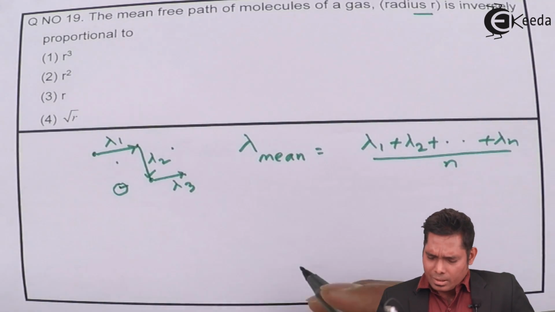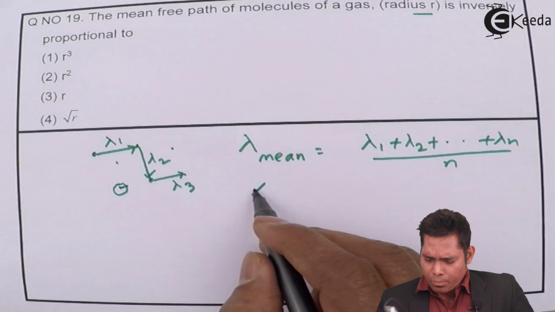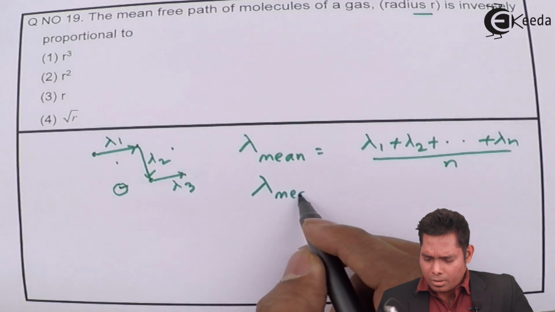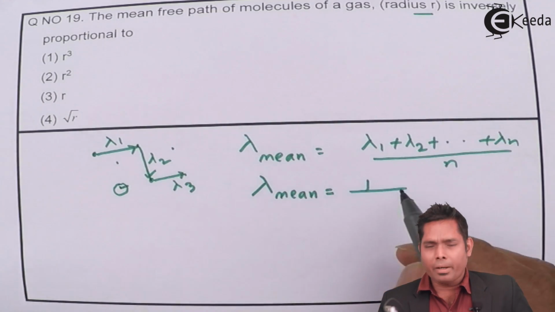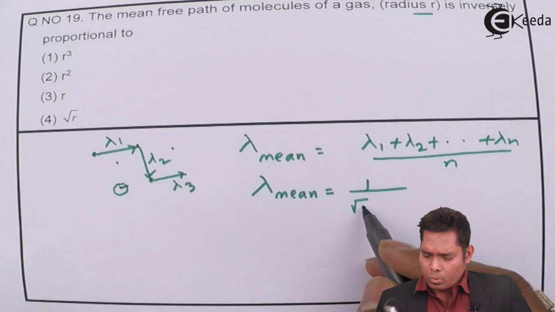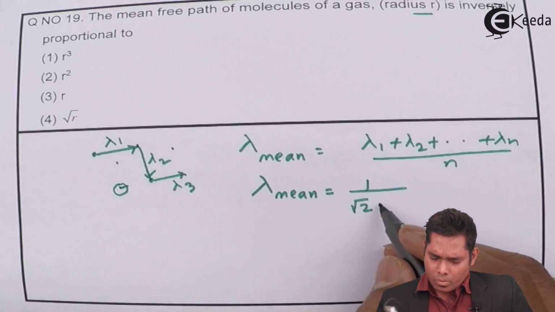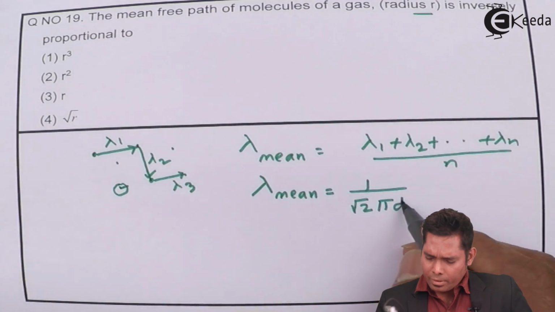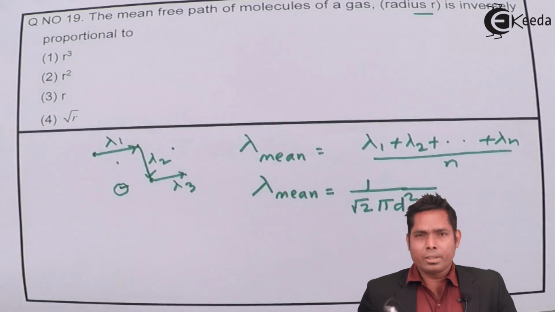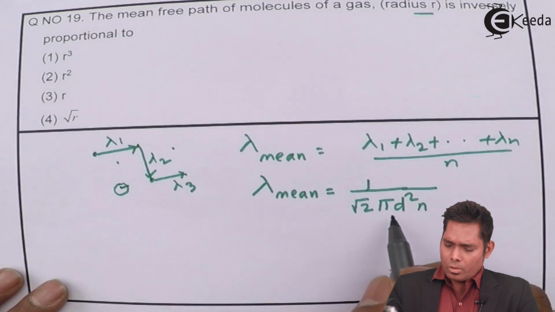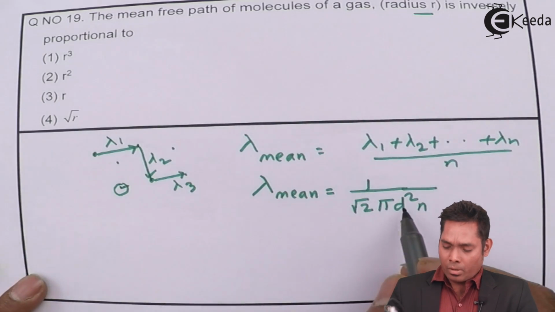Now there is an expression or formula for this. The mean free path is given by 1 divided by root 2 pi d square n. This is the formula that is used, where d is the diameter of the molecule.